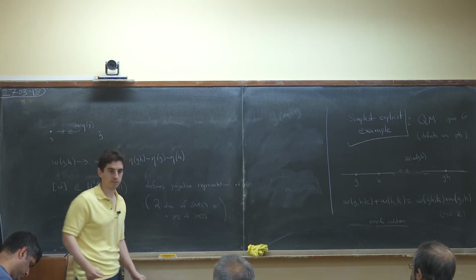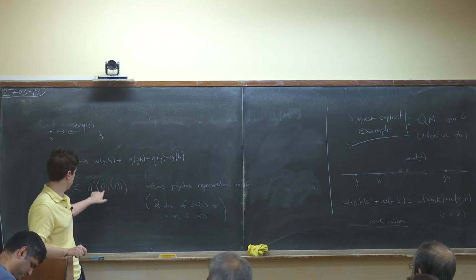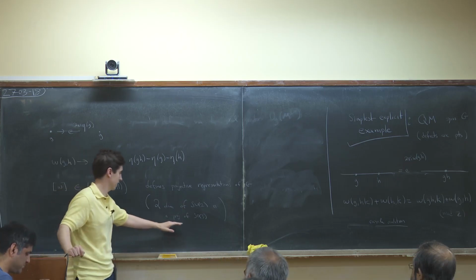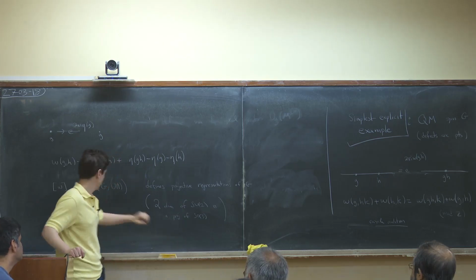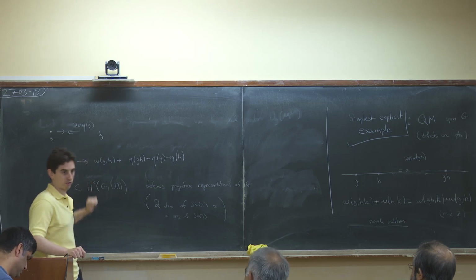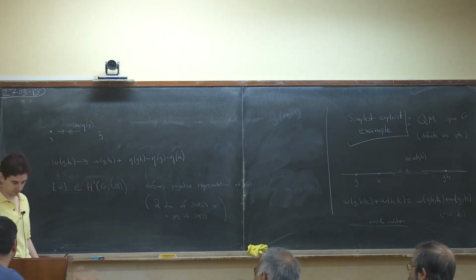So there is one representation in which the half integer spins of SU2 lie, and another in which the integer spins lie. If we did this for SO3, we would find that for representations of integer spin, the class would be trivial, and for representations of half integer spin, it would be non-trivial. Roughly half of the group would map to 1 and half would map to -1, something like that.